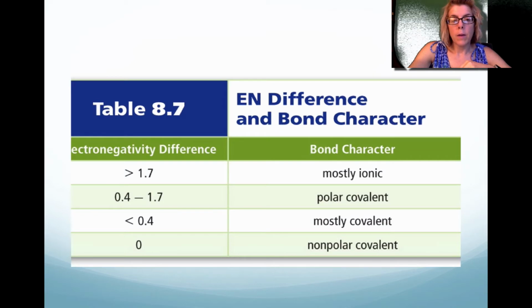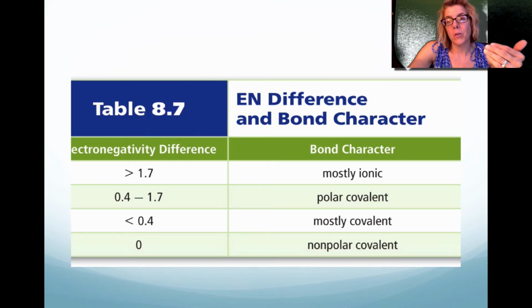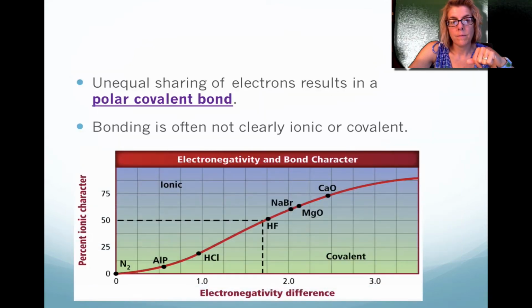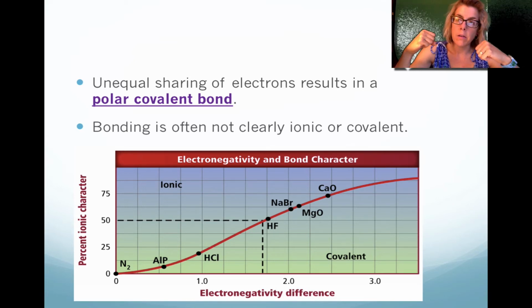Okay, so this is just a summary of what I said. Notice the greater the difference, the more ionic in character the bond will be. The less the difference, we're talking about towards nonpolar covalent. Okay, so as a result of this, you might have two children trying to share a toy, and one's pulling on the toy more than the other, and as a result you get unequal sharing.